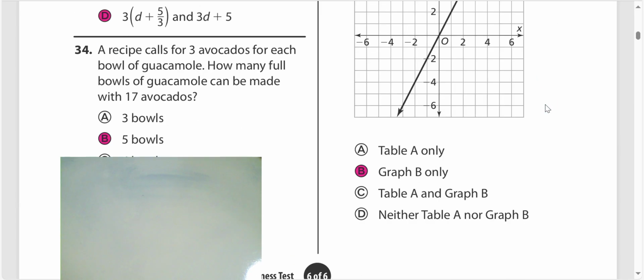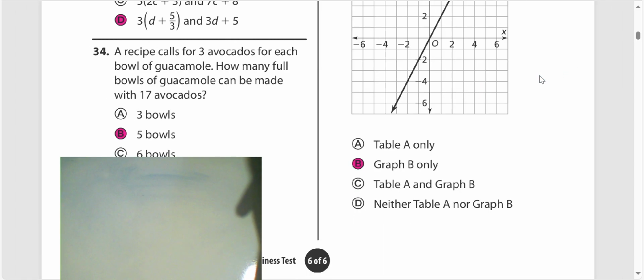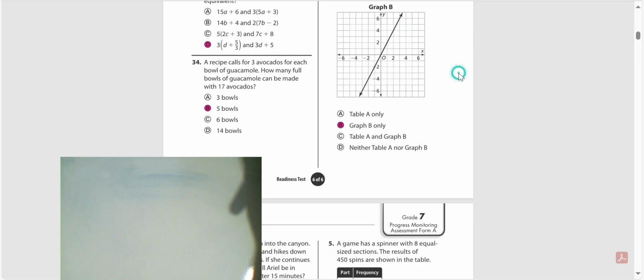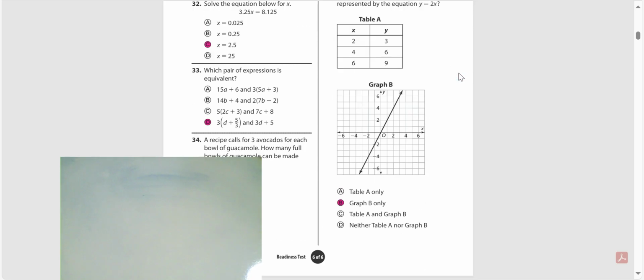We have graph only. Okay, it's graph only. He asked about A or B or C. Graph only represents y equals x, because the relation here is a straight line that passes through the origin point 0 and 0. And then we must choose the graph that represents y equals twice x.